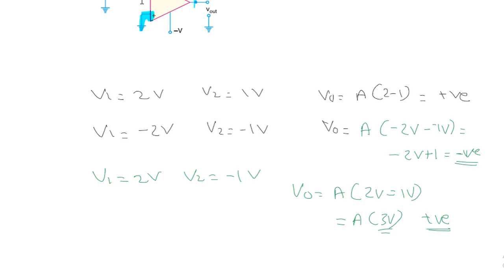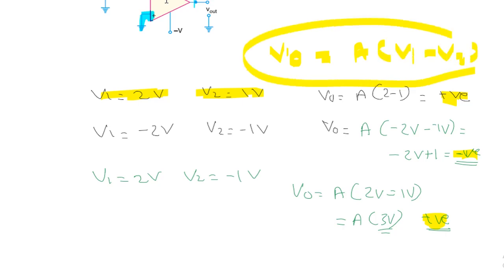So according to the values of V1 and V2, the output voltage can be positive or negative, and this we call the polarity relationship between the inputs. Okay, so remember one thing, the output voltage Vout is equal to gain times V1 minus V2. This equation you have to remember.